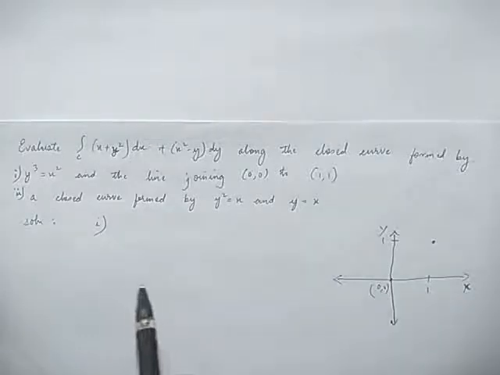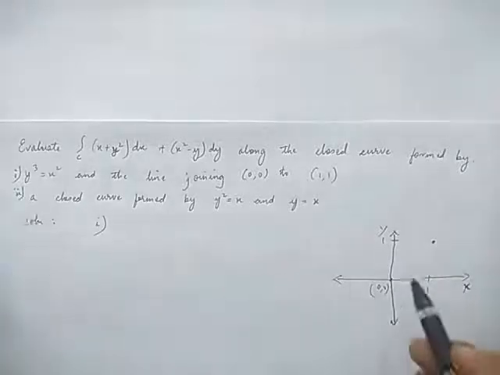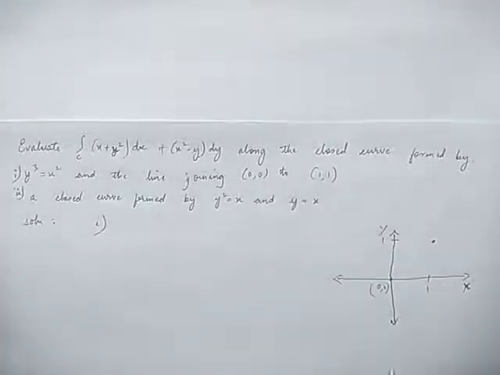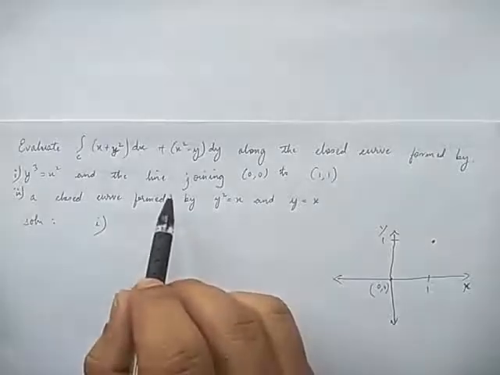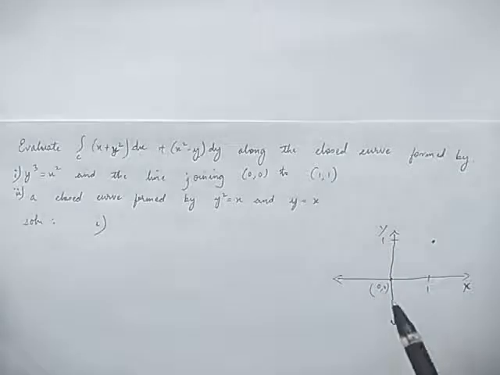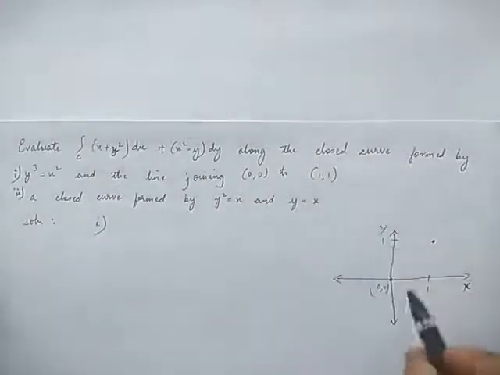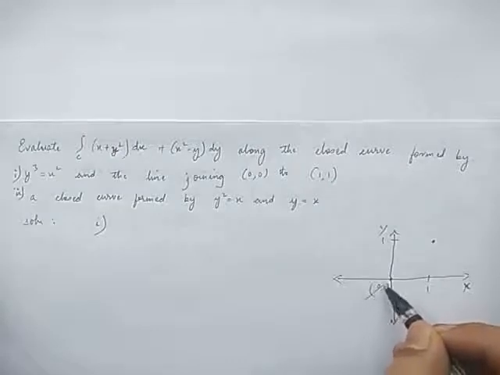First of all, let's talk about the line joining 0, 0 and 1, 1. By a line joining 0, 0 and 1, 1, we mean a straight line.